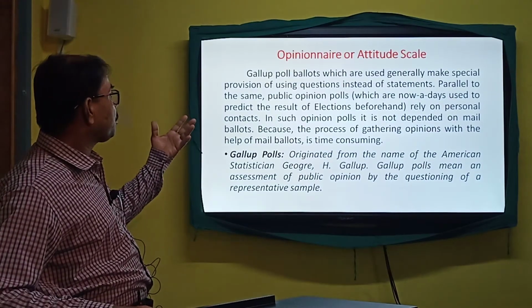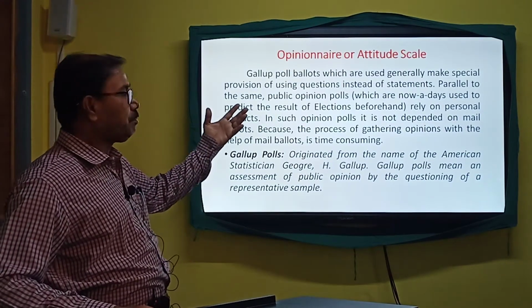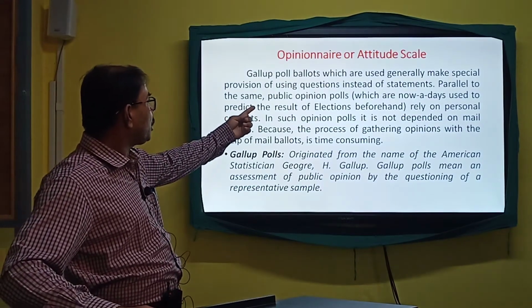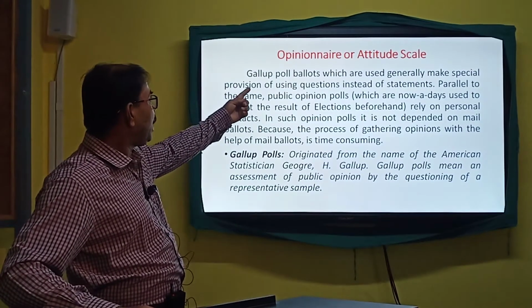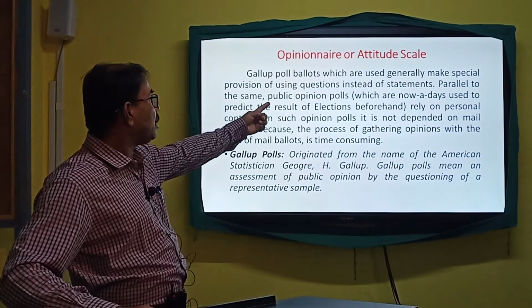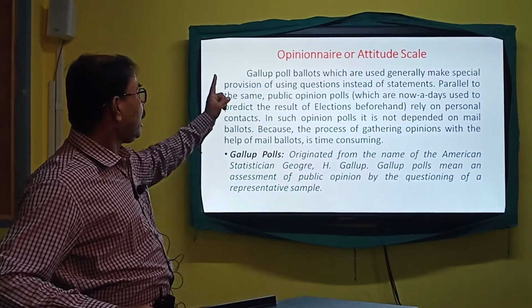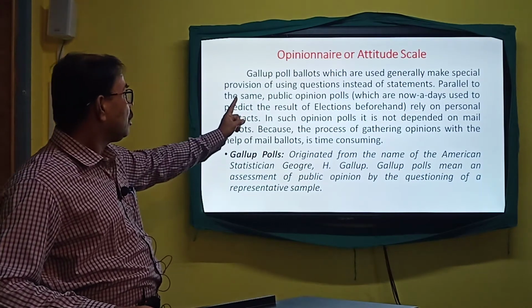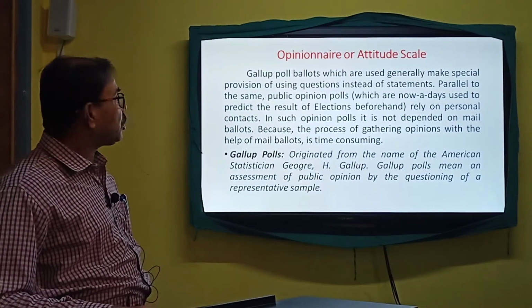Parallel to the same, public opinion polls are also very important. Gallup poll ballots and public opinion polls: in Gallup poll ballots, instead of statements, questions are used.